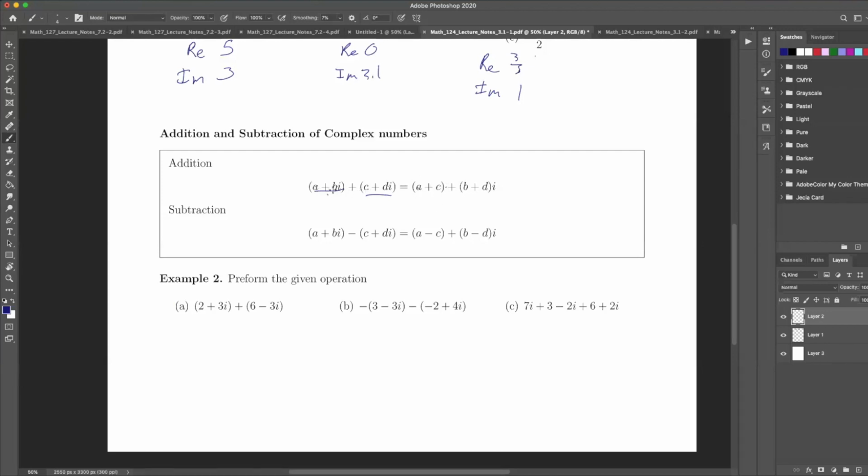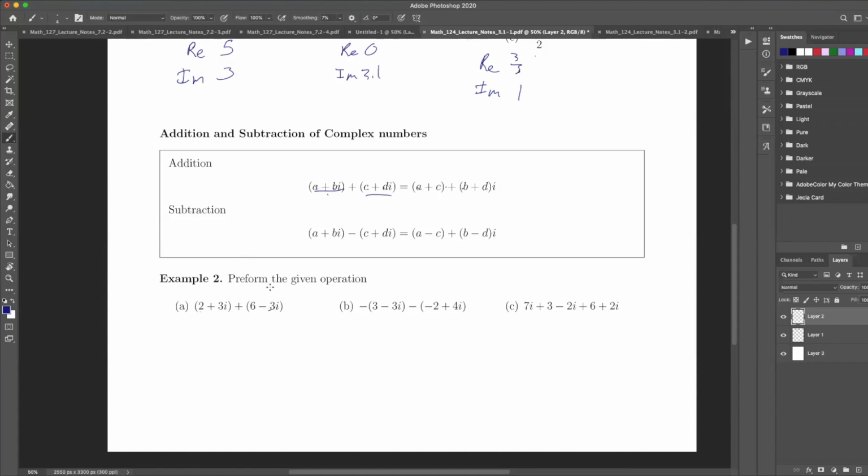And then I add up my imaginary parts, which is b plus d, and that's my imaginary part. Just think of i as an x, as some variable. So we add the non-variable parts and the variable parts together, and we subtract the non-variable parts and the variable parts together. We keep the imaginary unit with it.